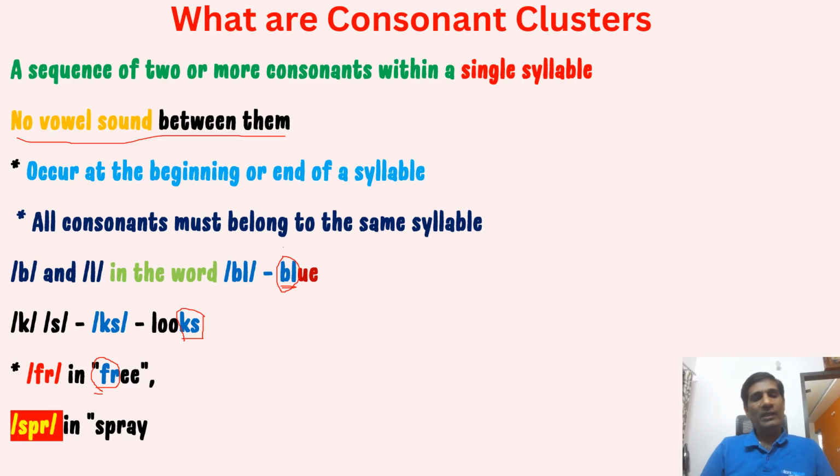Spray is also a single syllable, a one-syllable word. In this, three sounds form a cluster. So these are examples of consonant clusters. Let's see some more in the next slides.